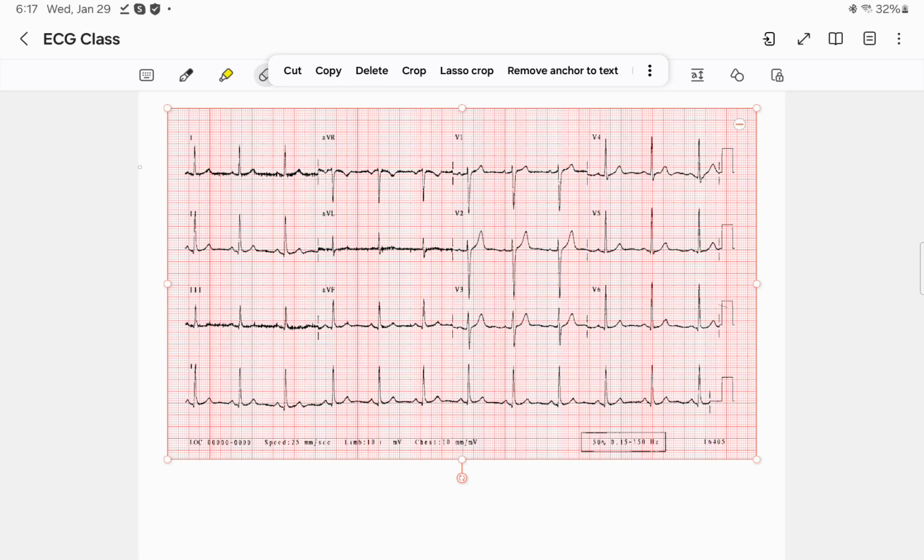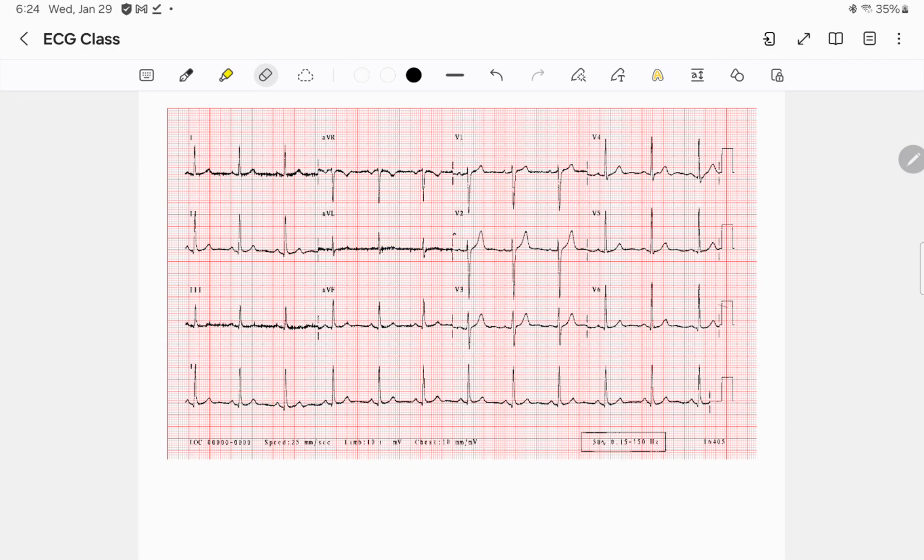And okay, so the rhythm strip is a lead, typically placed at the lowest aspect of the ECG printout, and it is usually lead 2 or lead V1, right?